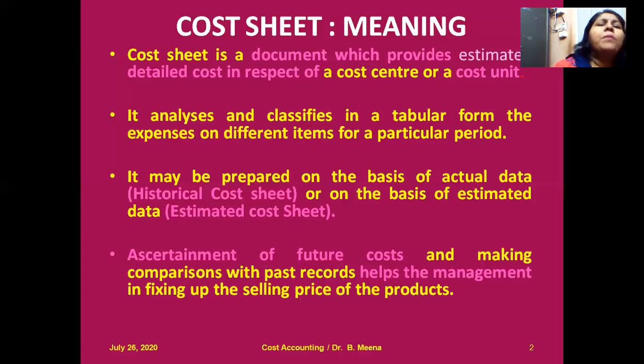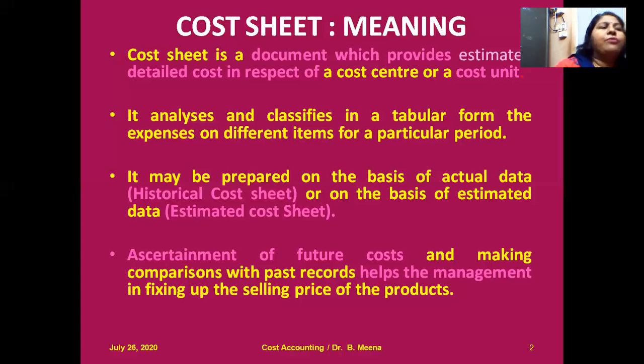Or else they may put an estimation of what could be the total cost in future. So the cost sheets can be prepared by the company either based on the actual data, what happened, or else based on the estimation, like tender or quotation.